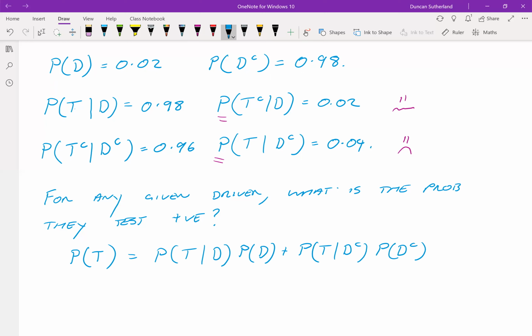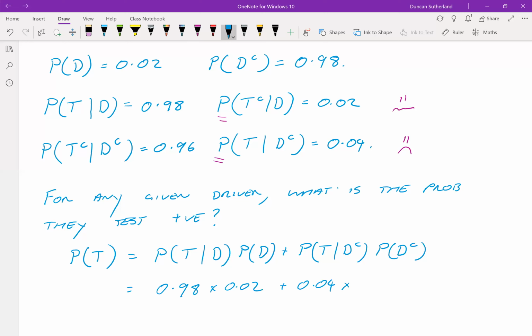Right, so we can actually stick the numbers in this. Let me just stick it in the correct order. 0.98 times 0.02 plus the probability of 0.04 times drunk complement.